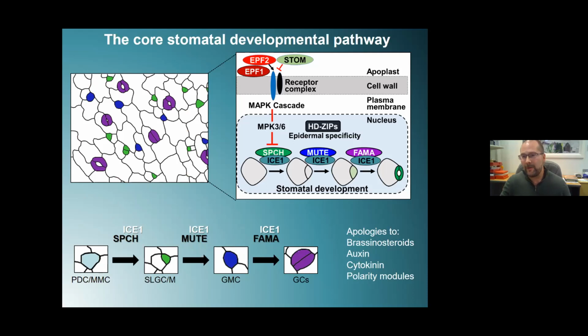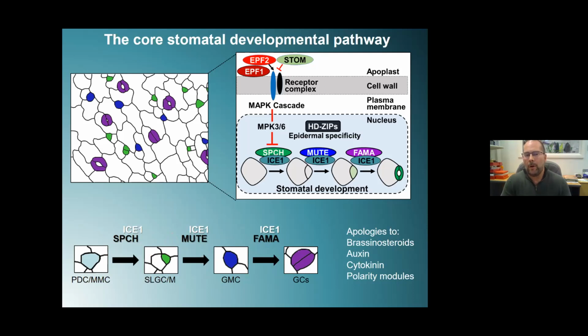And these are transcription factors in the basic helix-loop-helix family. So we have SPEECHLESS here, which drives this asymmetric division, this entry into the stomatal lineage. You then have MUTE, which is required for the next step from meristemoid to guard mother cell. And then finally, FAMA, which drives this last differentiation step.